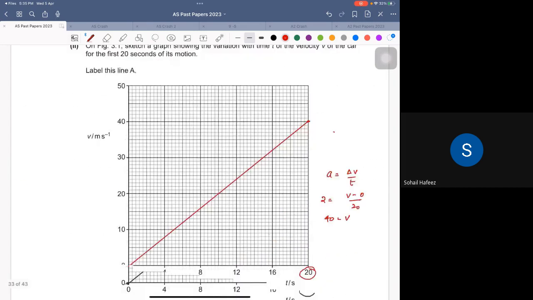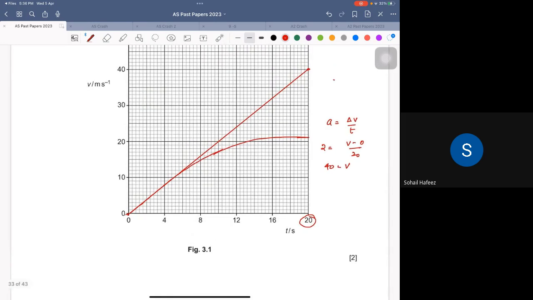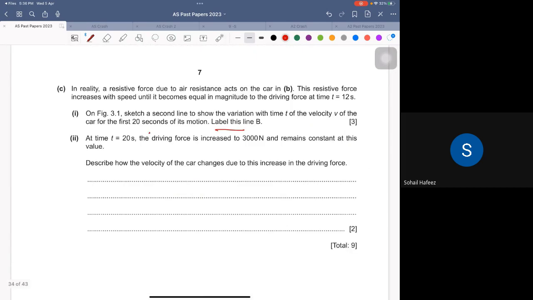So what happens is that it will go in a straight line initially, the acceleration will be the same, but the acceleration will start to decrease. Okay, and decreasing acceleration is shown by the decreasing gradient. So you will see a line like that. Now, you must go straight and then zero, like a flat line, flat gradient like this. Okay, so label this line B. That's what they said.